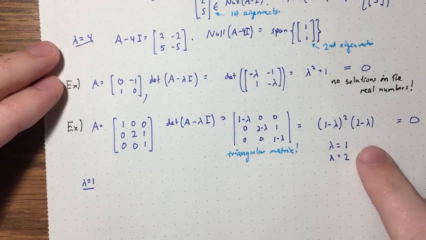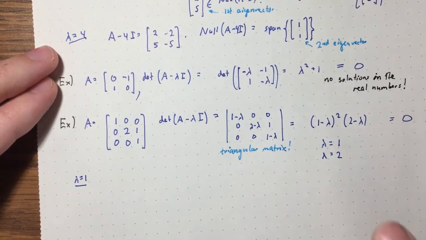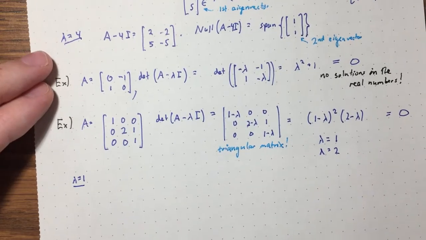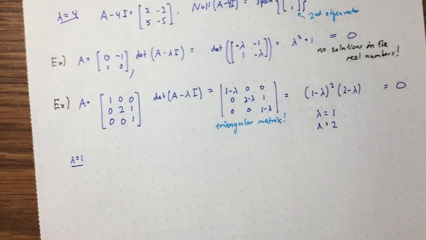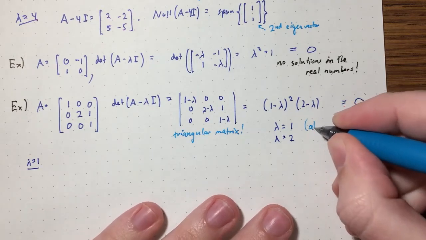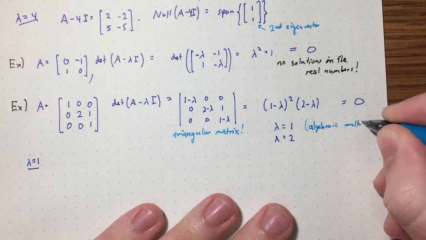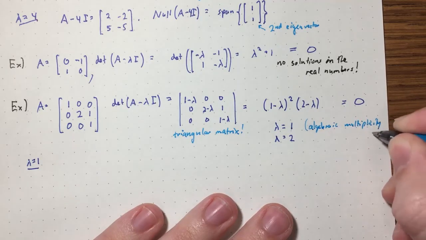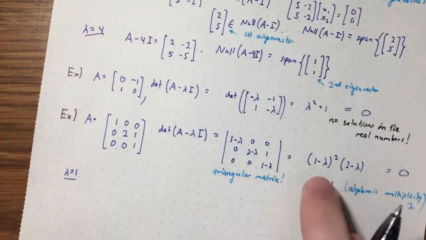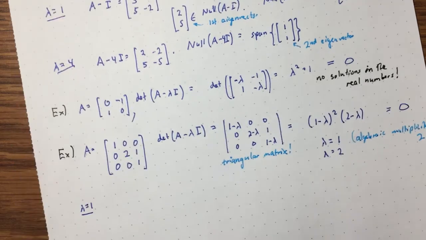Notice we only got 2 eigenvalues, even though we had a degree 3 polynomial. That sometimes happens, because they have to be counted with multiplicity. So we would say this one has algebraic multiplicity 2, because it actually occurred twice as a root. This is going to have some meaning, actually, but we'll see that.